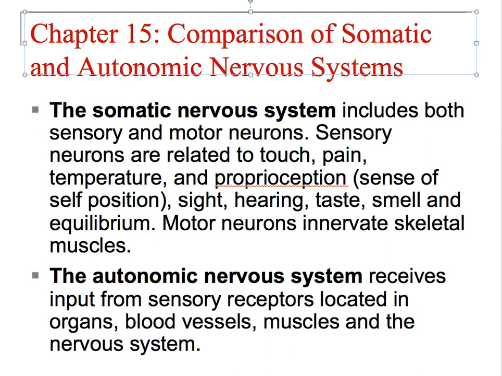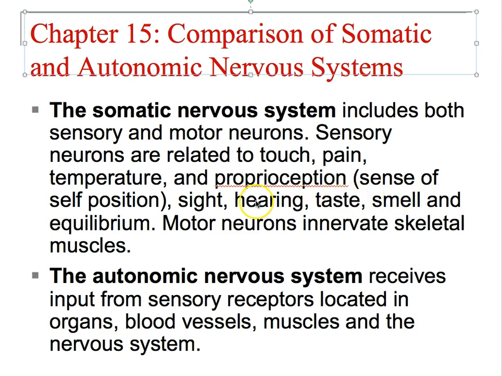Okay, so having said that, I want to take just a minute here to remind you the somatic nervous system, of course, is the mixture of chapters 13 and 16 primarily, where you include both the sensory and motor neurons, where sensation is of the type of, or meaning the modality was the vocabulary I used last time, touch, pain, temperature, and proprioception, as well as the special senses, sight, hearing, taste, smell, and equilibrium, are going to travel into the brain via the thalamus, with the exception, of course, of smell.